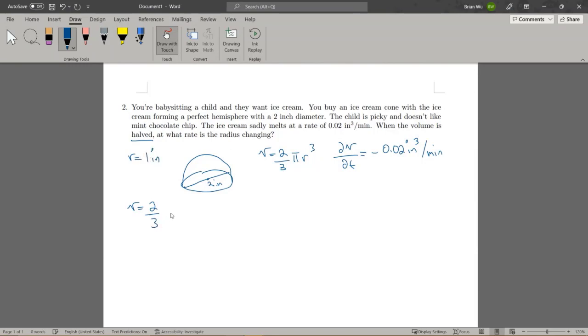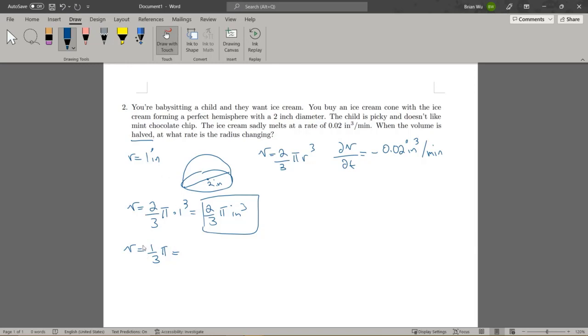Therefore, our full volume when the ice cream is full is equal to 2/3 pi, in inches cubed. And what we're looking for is when the volume's halved, which would be 1/3 pi, then we got to figure out what our radius is.